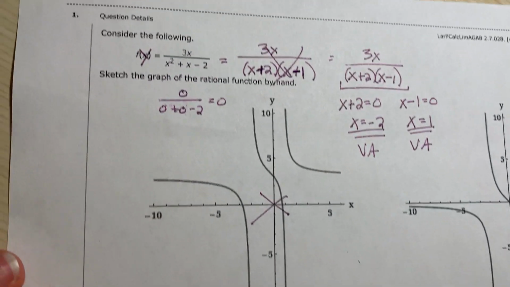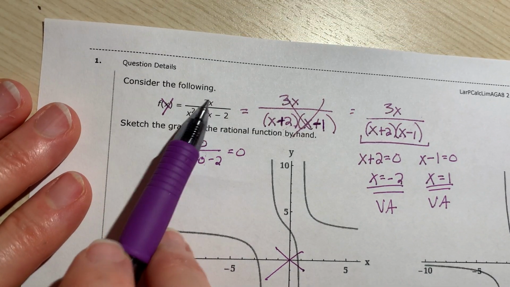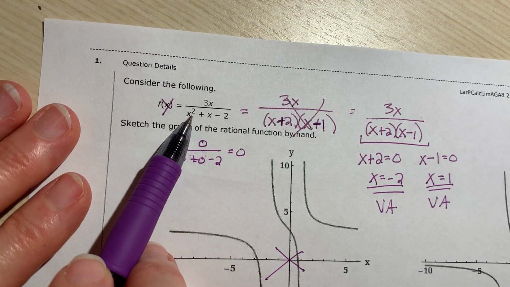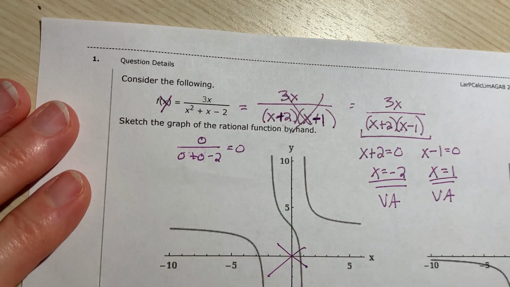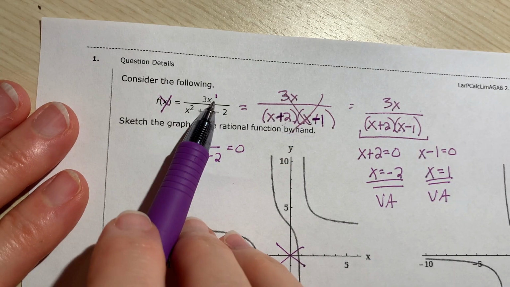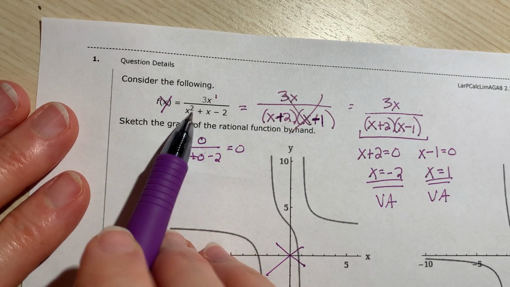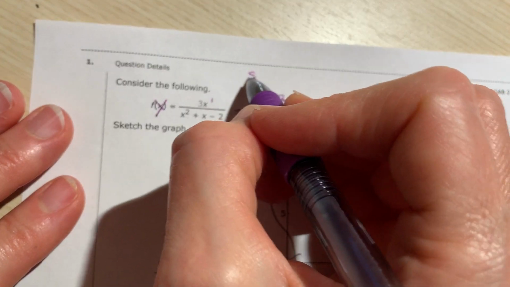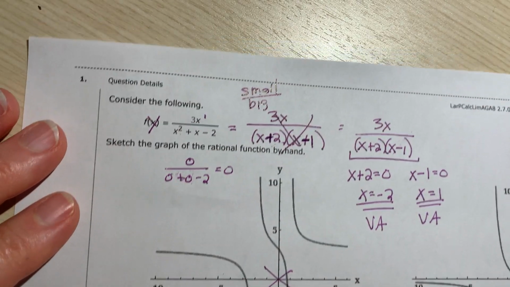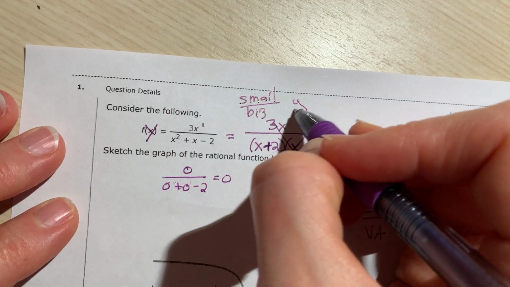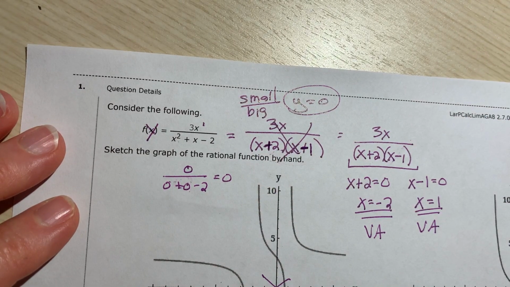So horizontal asymptotes are where you look at the degree of the polynomial. So not the factored one, the original one. So the degree here on the top is 1 and the bottom is 2. So I have the case where I have small over big. If your degrees are small over big, then your horizontal asymptote is at y equals 0.